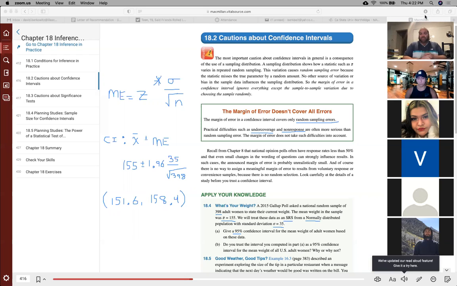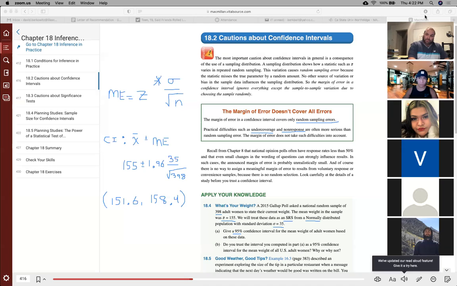B, do you trust the interval you computed in part A as a true 95% confidence interval for the mean weight of all U.S. adult women? Why or why not? Do you trust it? Anyone?